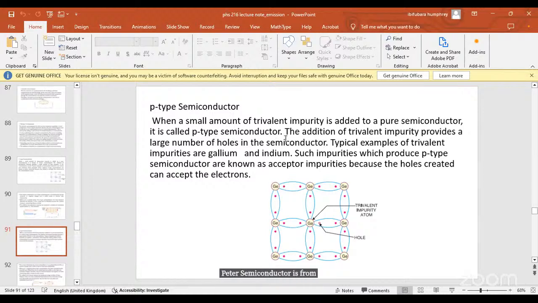However, even though a P-type semiconductor is formed, we'll still have electrons within that type. But the majority carriers are holes, while minority carriers are electrons.